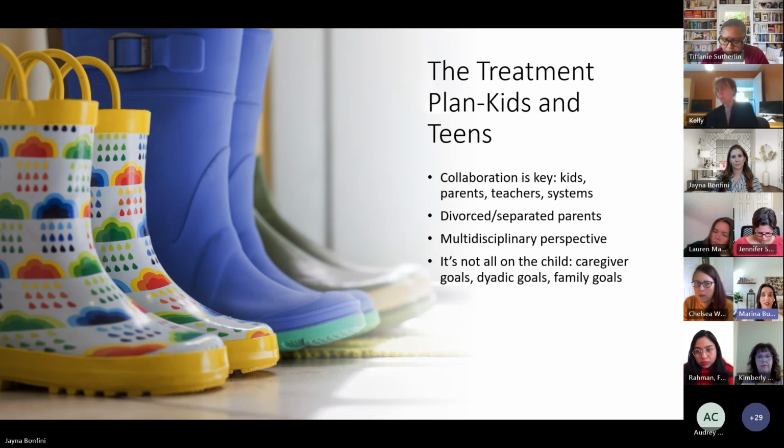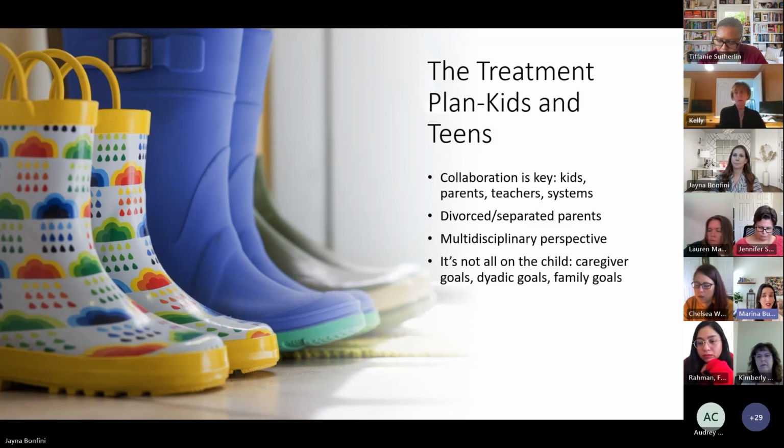When working with kids and teens, there's various systems that they're involved in, right? Sometimes it is important, for instance, if a child is struggling in school, that we collaborate, that we consult with teachers and school staff. Therefore, sometimes our goals and objectives may be related to the school environment and what's happening there. So we want to collaborate.